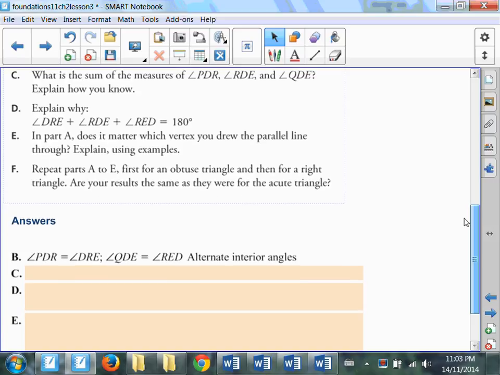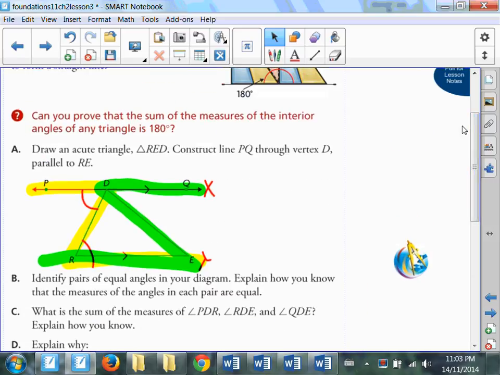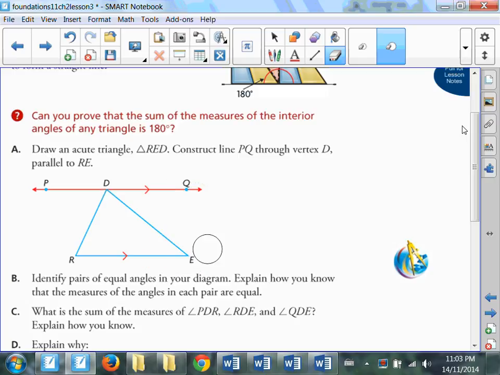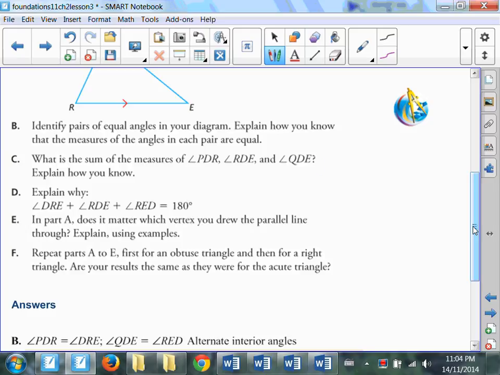What's the sum of PDR, RDE, and QDE? So I'm going to clear this off here. Well, because it's a straight line, we can say that the sum of those angles is 180 degrees because it goes through a straight line. Okay?